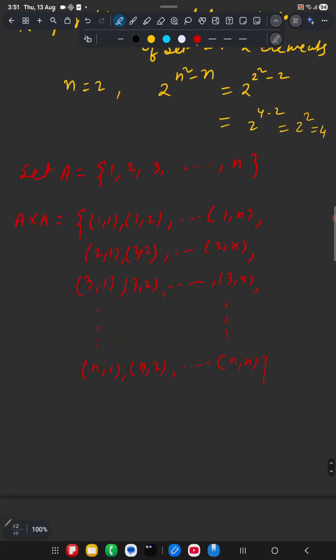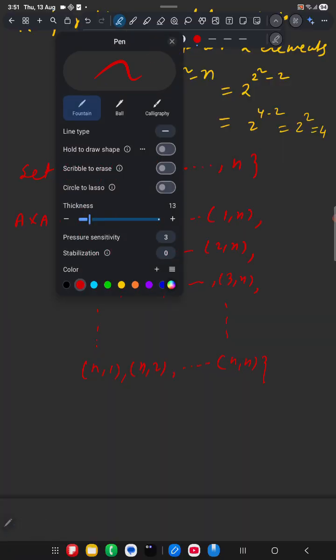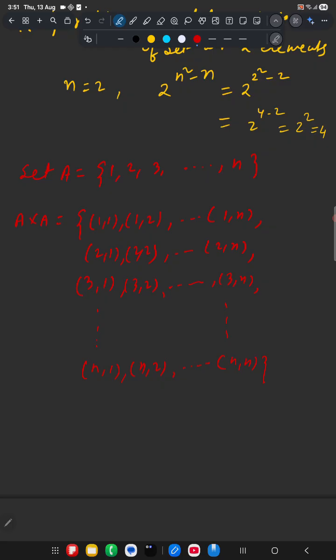So altogether, how many elements are there in the A cross A set? N into n, yes or no? N into n elements means n square. Altogether you have n square elements in your A cross A. Out of that, the diagonal elements, this is your 1, this is your 2, here it will come to your 3.